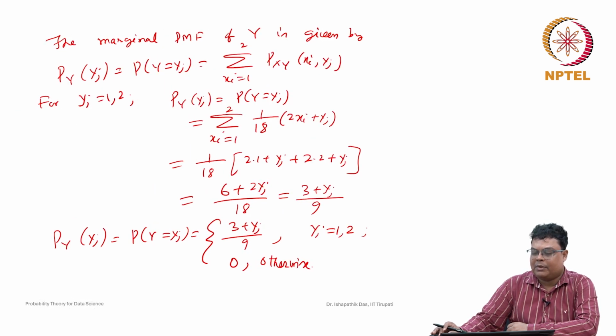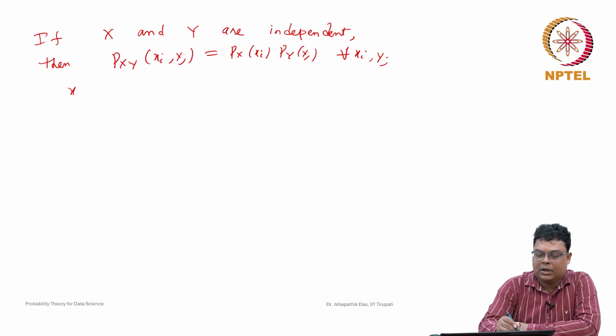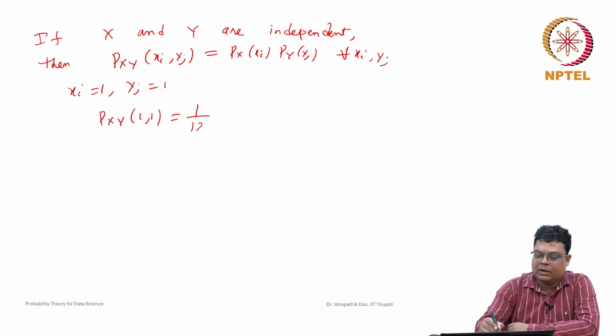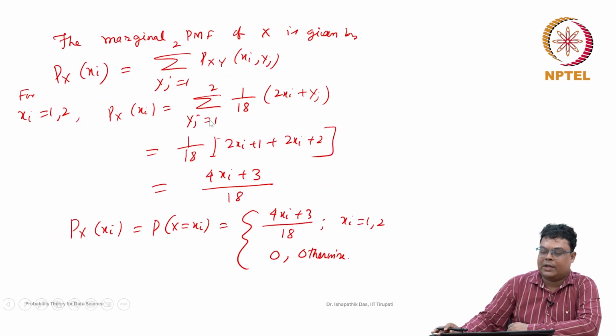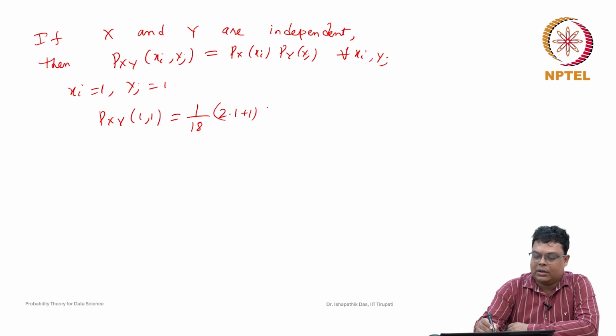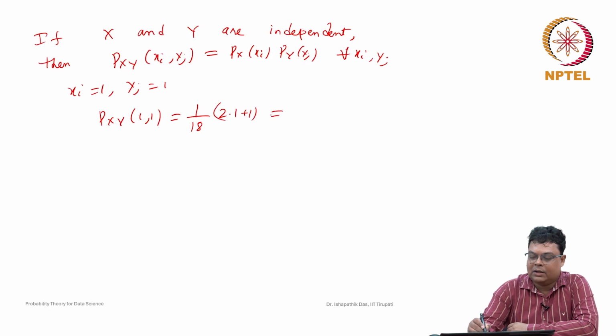By looking at this, it is not clear. Suppose let us take some of the values. Let us consider xi equal to 1, yj equal to 1. So what is pxy of 1,1? Pxy of 1,1 is 1 by 18 into (2xi plus yj), which is 2 into 1 plus 1, so 3 by 18.